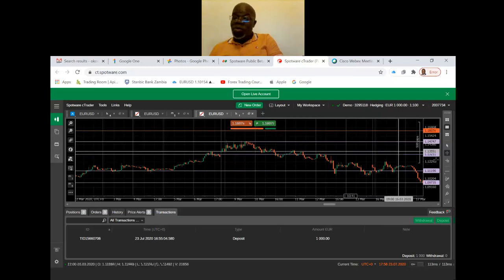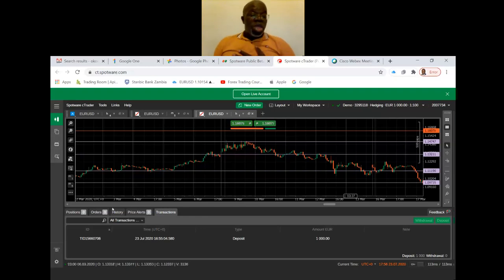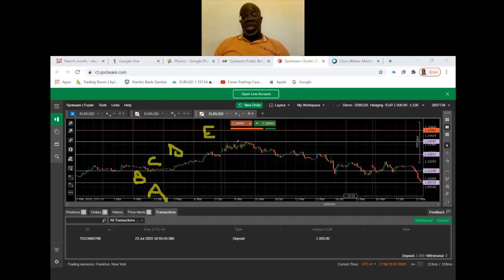The idea is we're moving from one zone to the next zone. So if I was to mark these zones, this is what I would say. Okay, I would say that this zone here is zone A, okay, and then B, and then C, D, E. So the market keeps moving from one zone to the next.